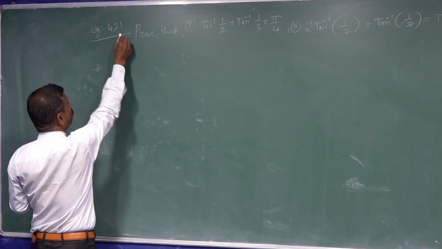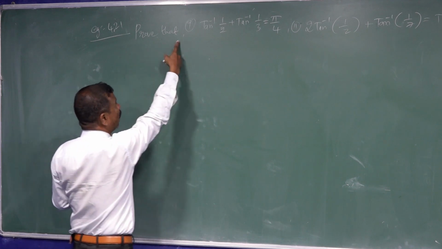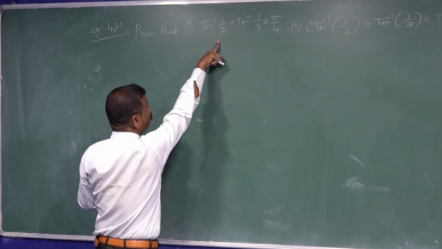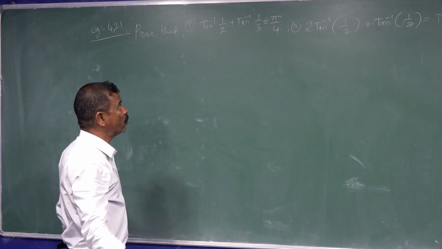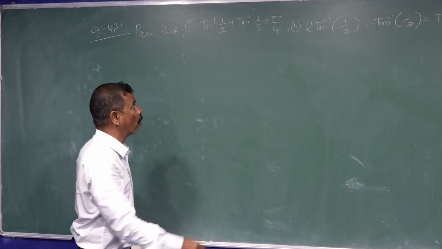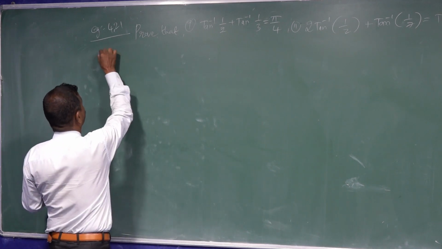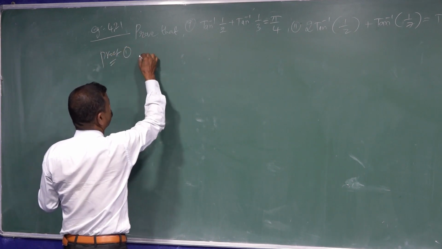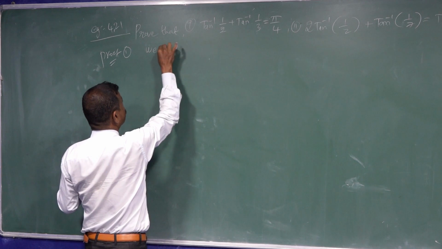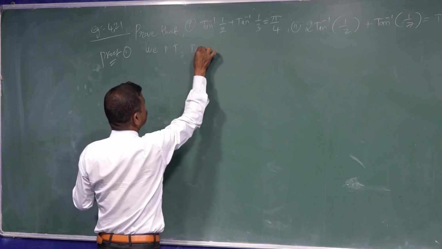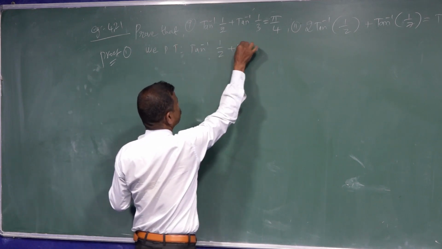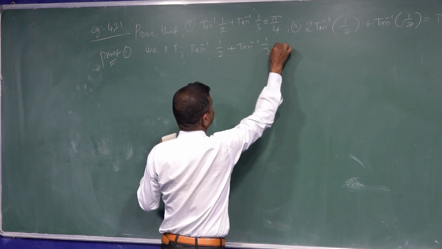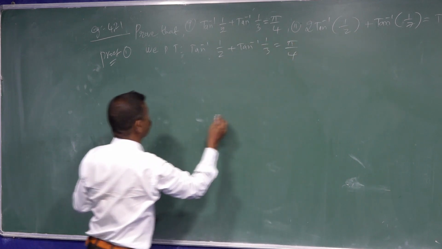Now example 4.21. Prove that number 1, tan inverse of 1 by 2 plus tan inverse of 1 by 3 is equal to pi by 4. Proof 1. We prove that tan inverse of 1 by 2 plus tan inverse of 1 by 3 is equal to pi by 4.